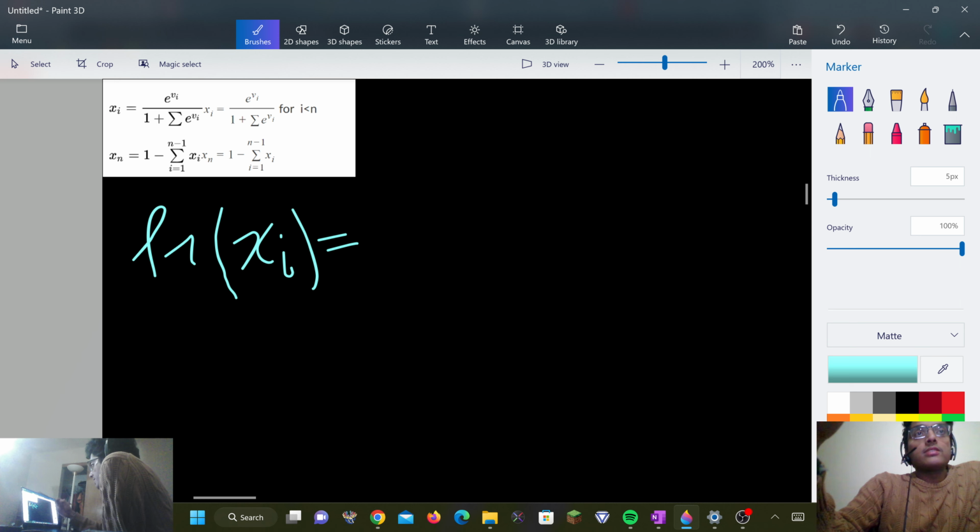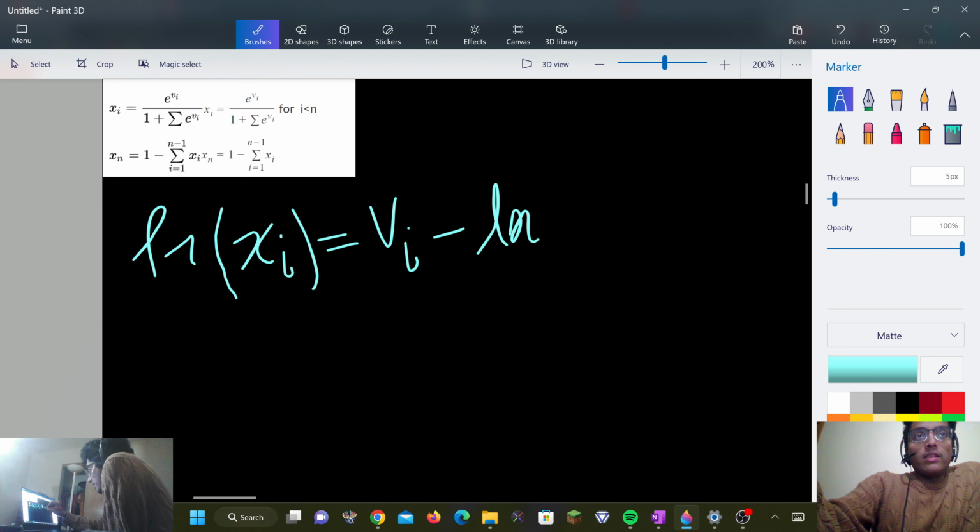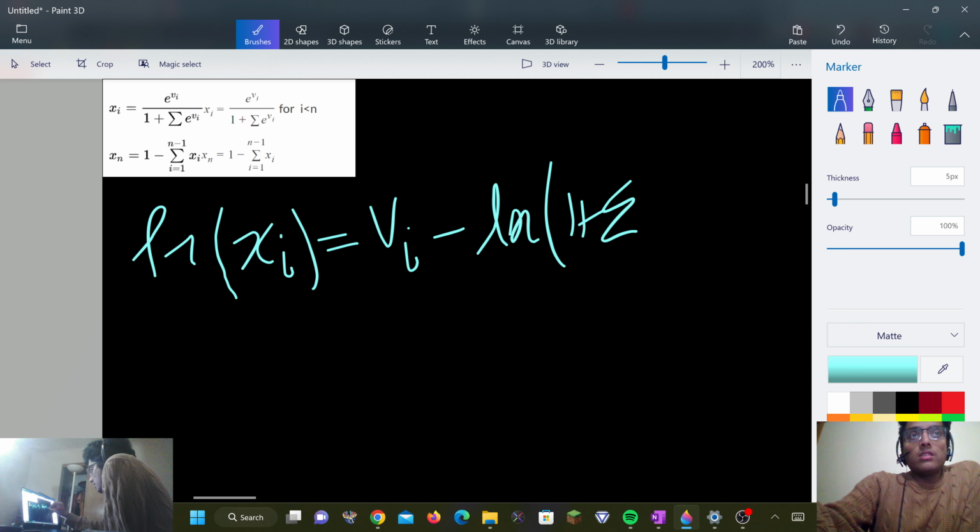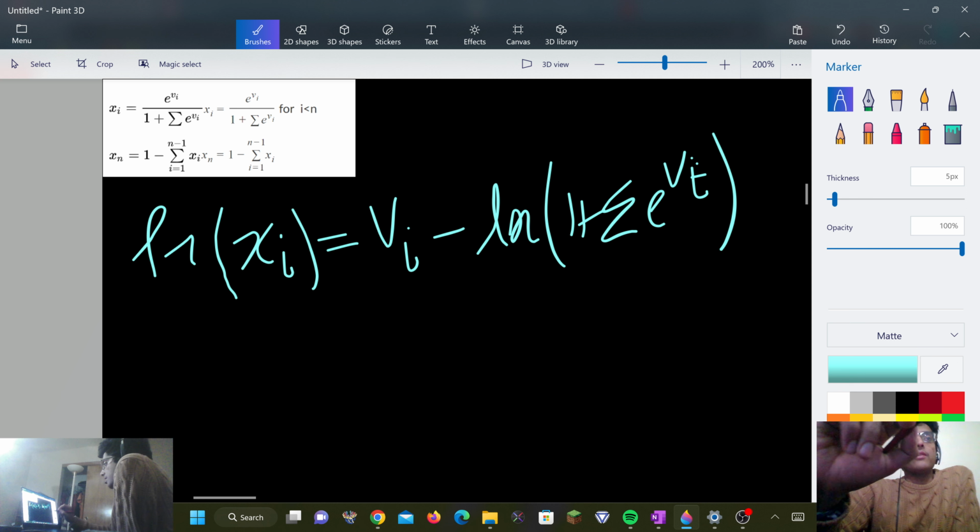So the ln of the top, e to the v_i, is just going to be v_i, and then minus ln of 1 plus the summation of e to the v_i. And we can't do anything else with that right now.